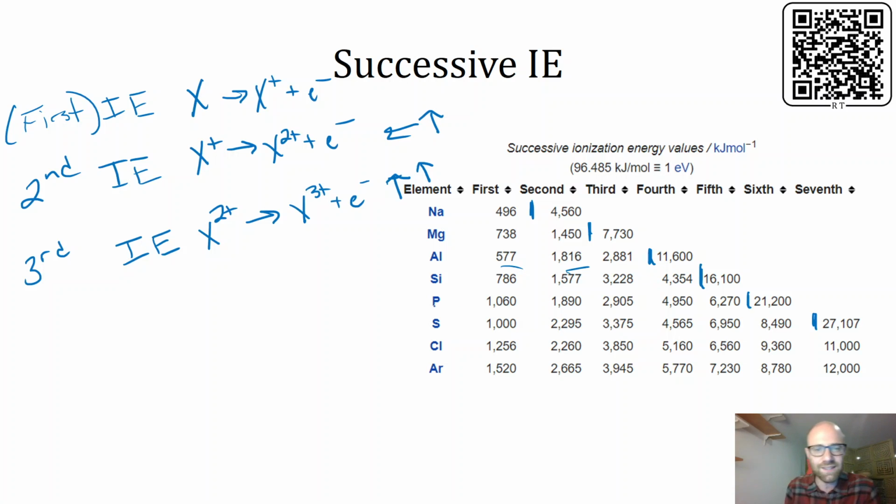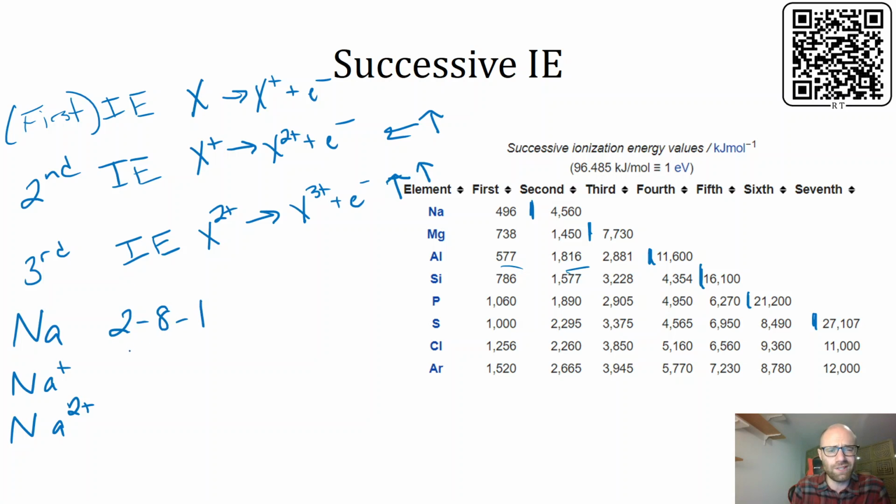I think we can see if we look at sodium, and its transition into a +1 and a +2 ion. Remember the electron configuration, and we'll leave it at Bohr just to make our lives simpler, is 2-8-1 for the atom. That means the electron coming out is coming from the third energy level going from the atom to the +1 ion, but then it's coming from the second energy level to go from the +1 to the +2 ion.